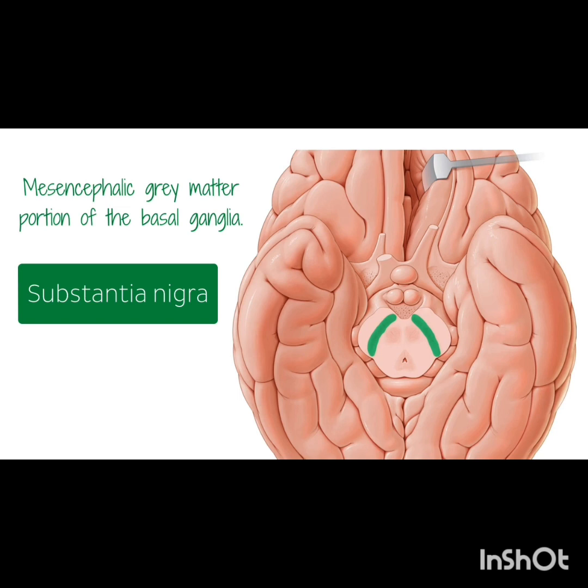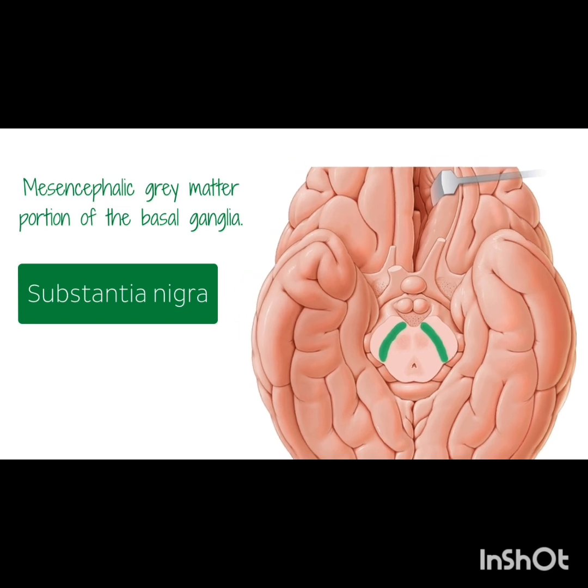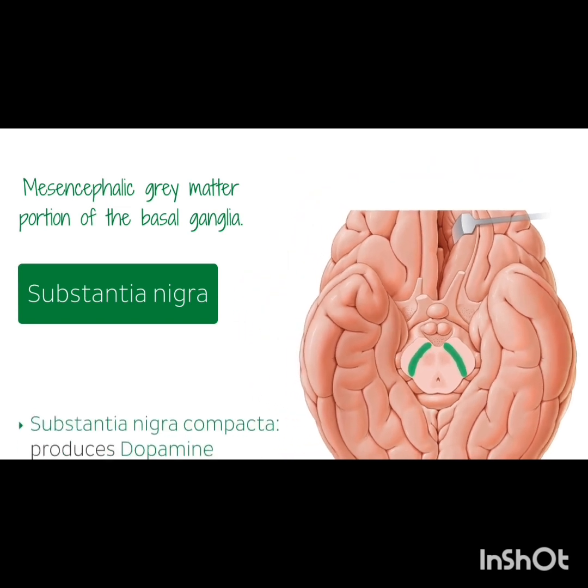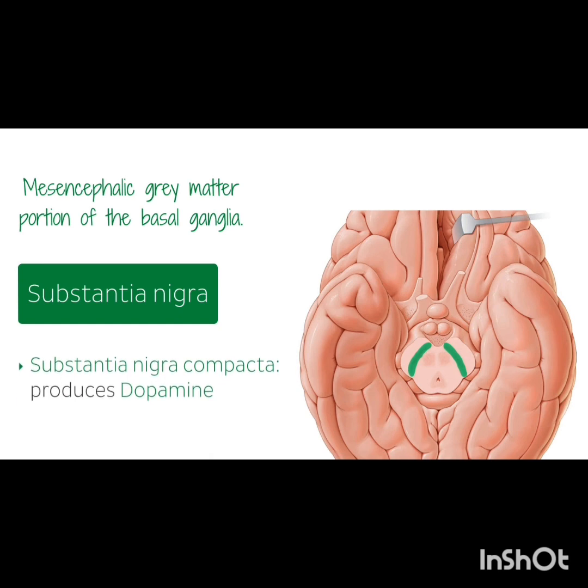It can be divided into two parts based on the arrangement of the neurons, the substantia nigra compacta, which produces the inhibitory transmitter dopamine, and whose neurons are arranged very close to one another. There is also the substantia nigra reticulata, whose neurons are arranged further apart from one another.